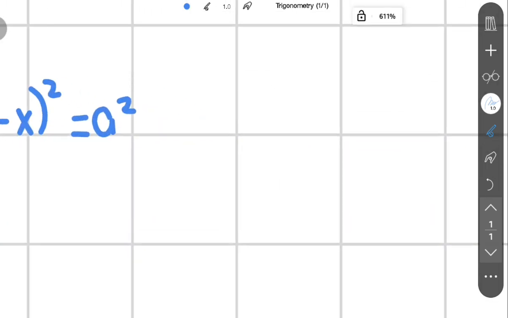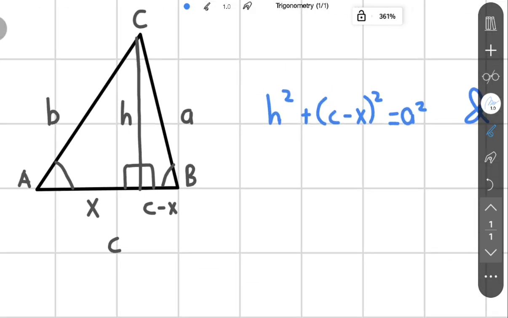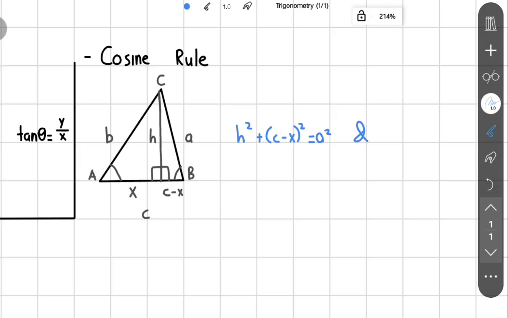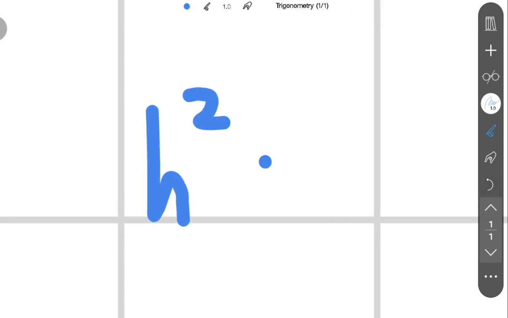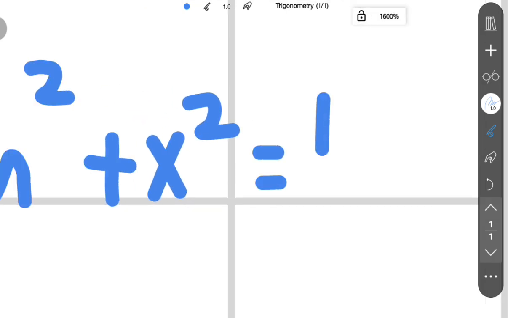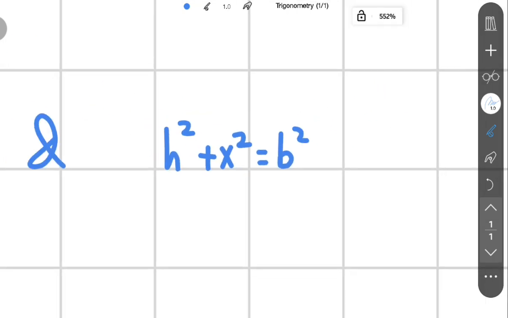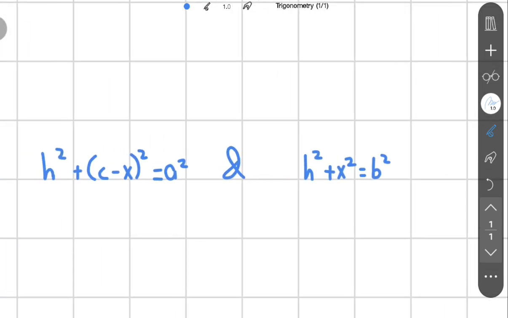And also, in the other triangle, I have h squared plus x squared equals b squared. So I'm going to write that down as well. Now since I have common terms of h in both triangles, I can just equate them to create a new formula.